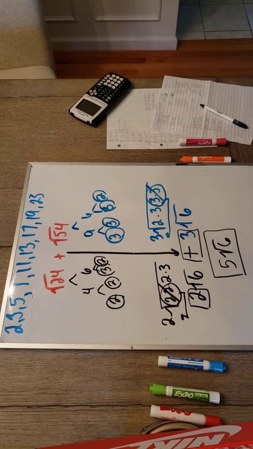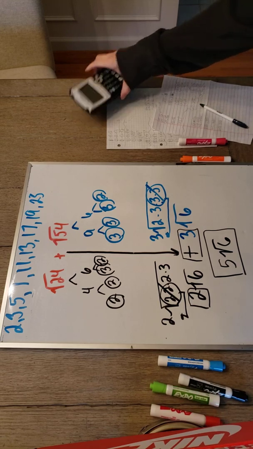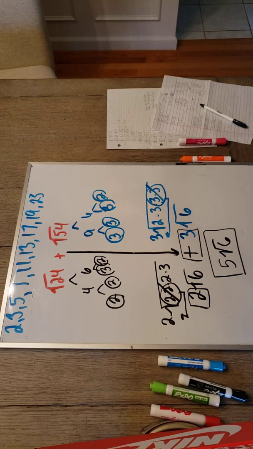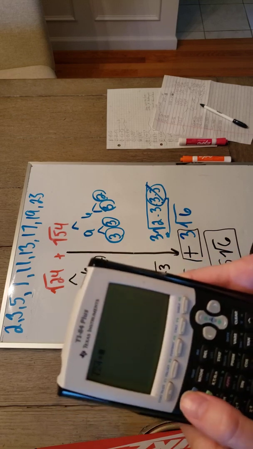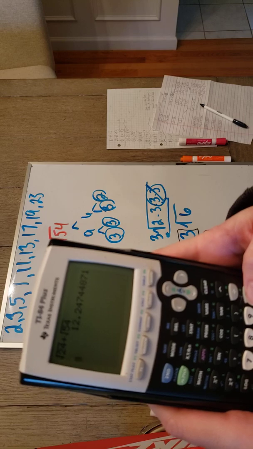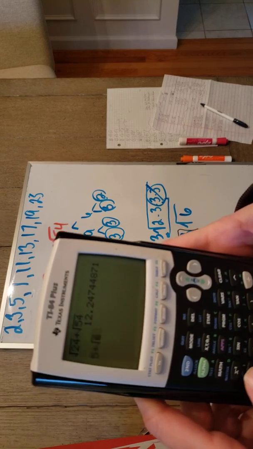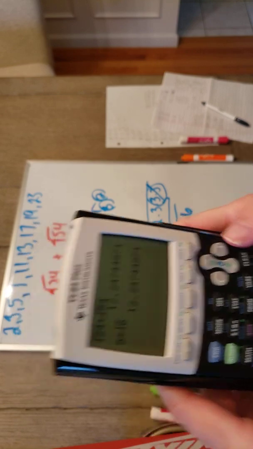So your final answer is 5 root 6. Just like before, you can check it in the calculator. Root 24 plus root 54, and then 5 root 6. And look, the numbers are the same.